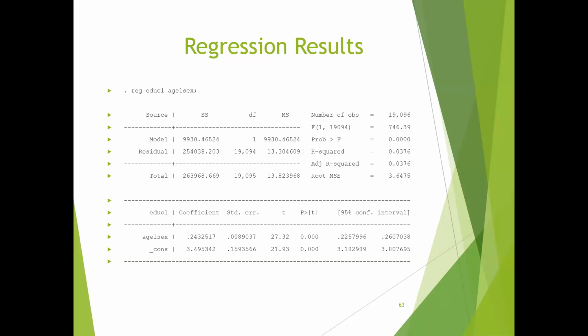The formula here will be y equals 3.49 plus 0.243x. Correct. So again, this is really important that you understand. He just stated the equation. The equation is, write this down. Everybody write this down. Y is equal to 3.49 plus 0.243x.